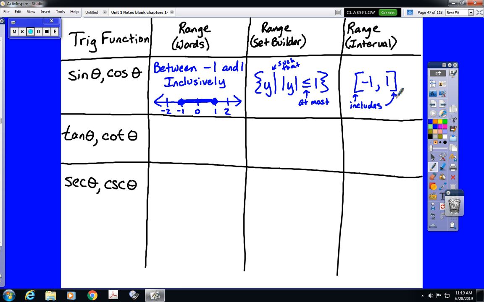So there really are not any restrictions necessarily on values of x and y, which means that the range of tangent and cotangent is all real numbers, or the real number symbol. So in set builder notation, we would say the set of all y such that y is an element of the real numbers.